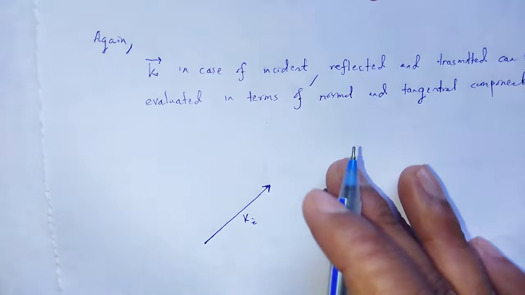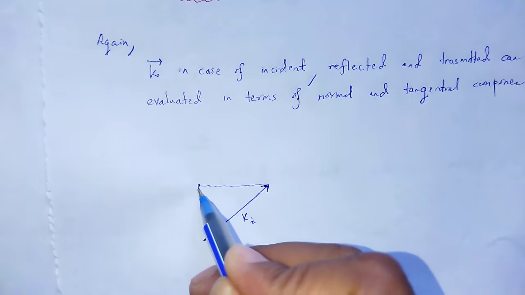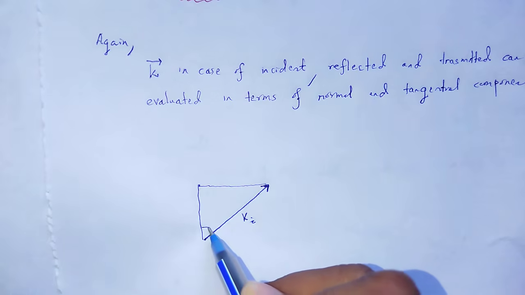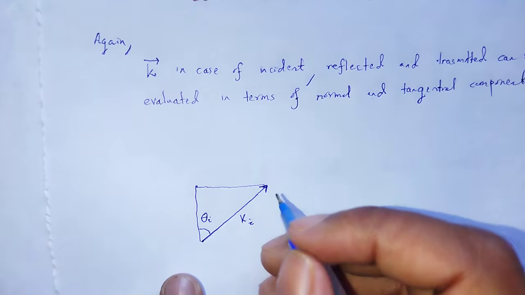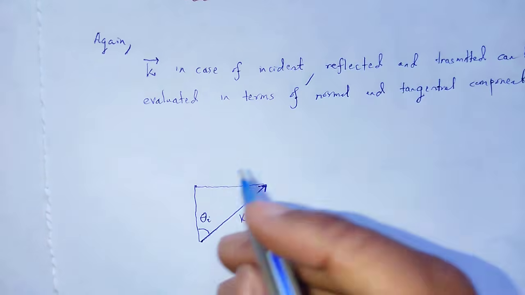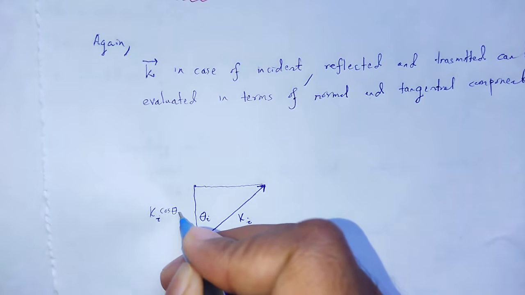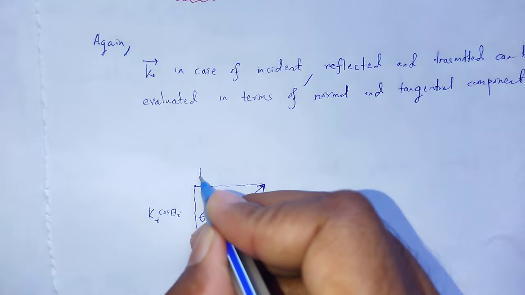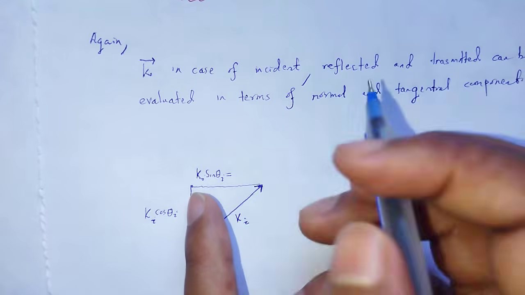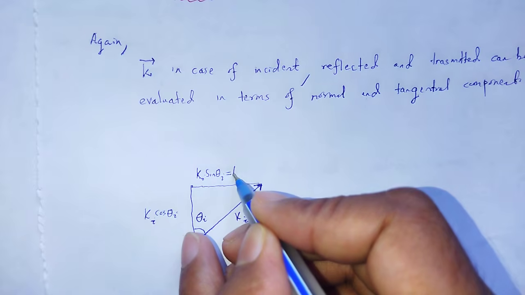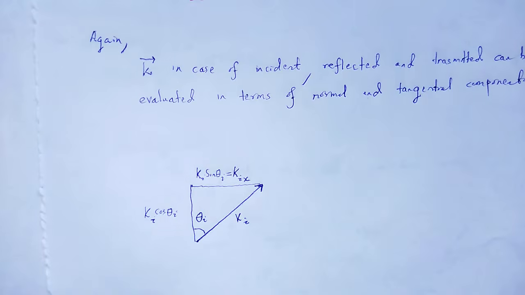So this angle is theta I. Now using vector resolution, that section as k I cos theta I and this section as k I sin theta I, which is nothing but x component of that incident, k I x.